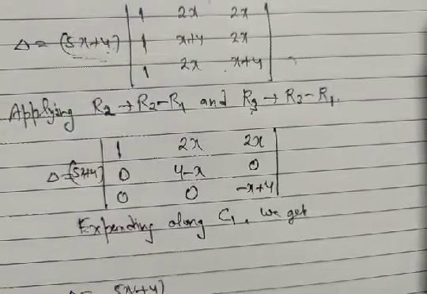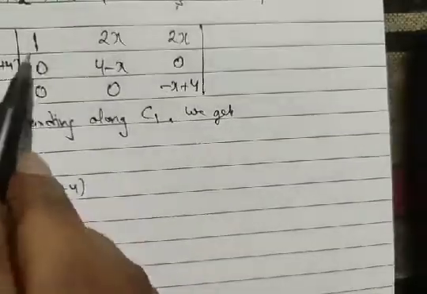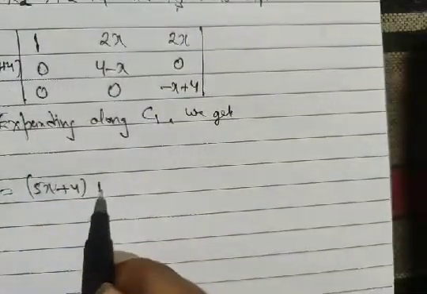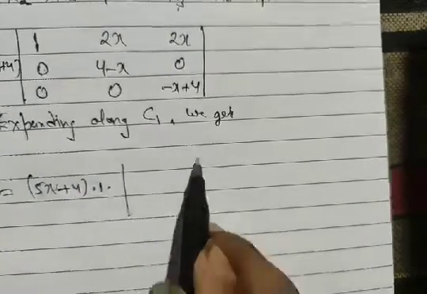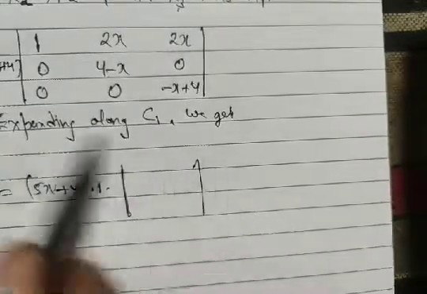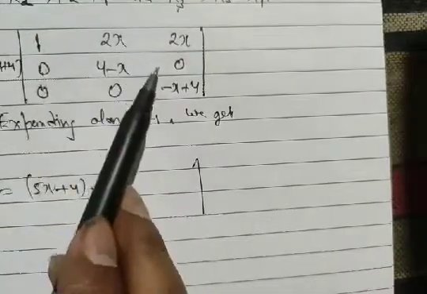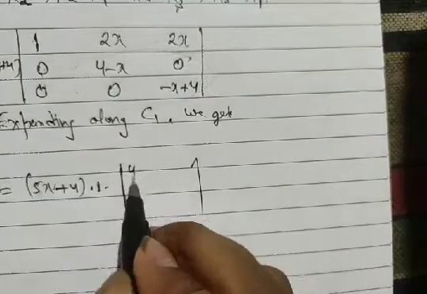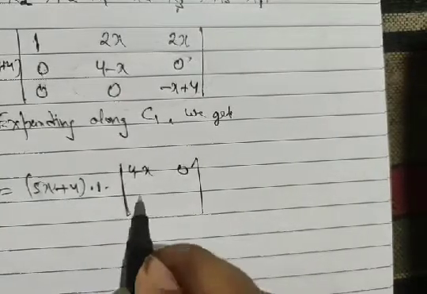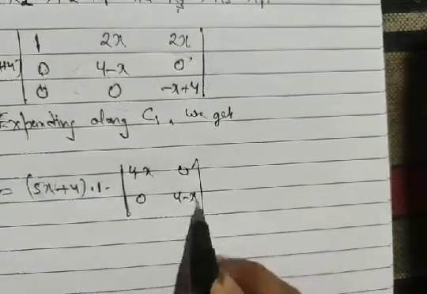Then 5x plus 4 times 1, and its respective minor. Its minor is what? Deleting this row and column, we have only this: 4 minus x, 0, 0, 4 minus x.